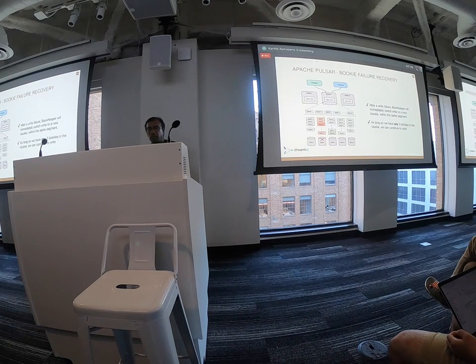Now let's look at the bookie failure, which is essentially the storage failure, right? If a current segment is being written at the time the bookie breaks down, that current segment is closed, and something called the fencing protocol is run very quickly to close the segment and identify the least number of copies that have been maintained.